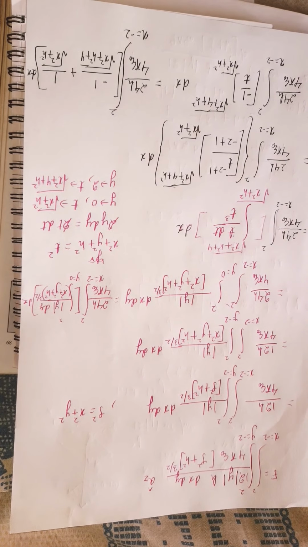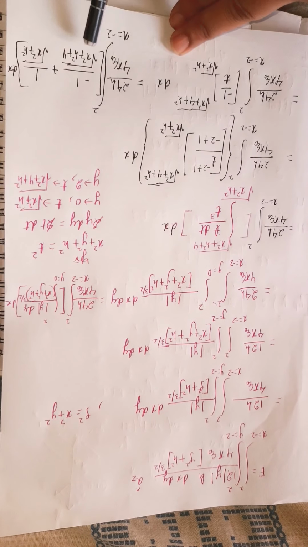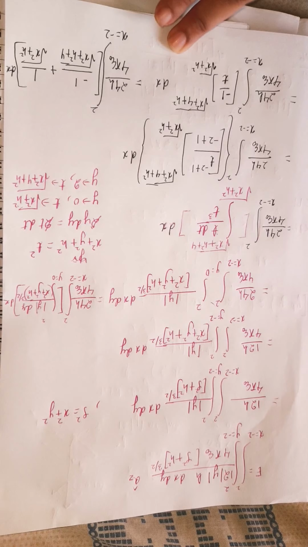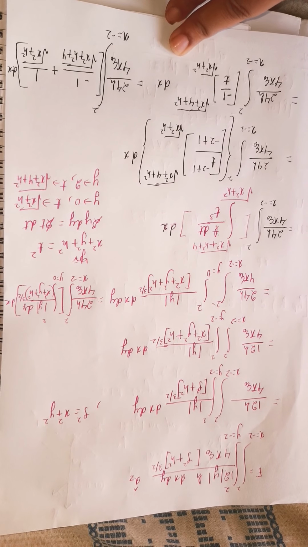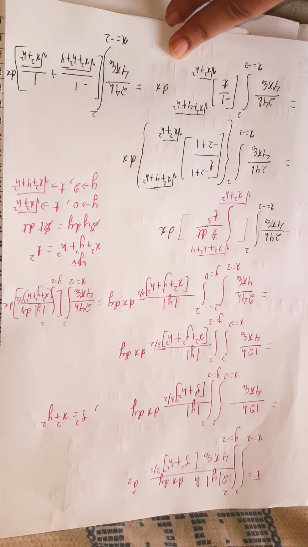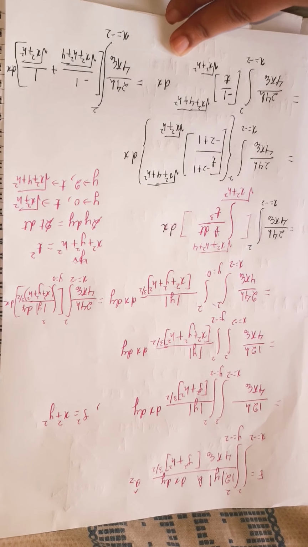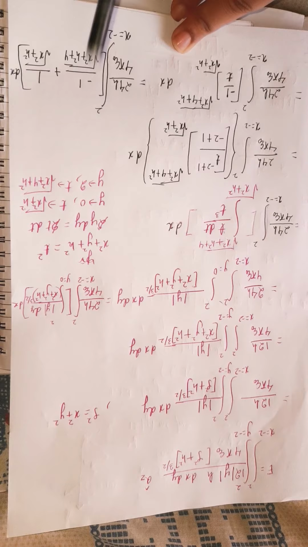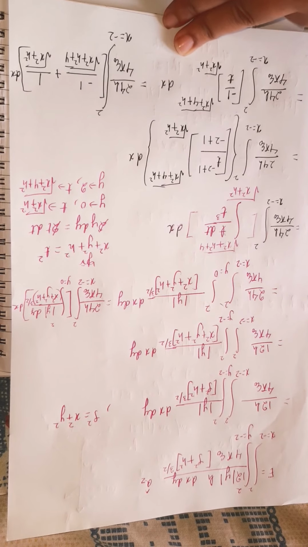Now we reached this stage. Now you can see x is also an even function, because any negative value of x or a positive value of x will give the same thing. Like minus 1 you put, you'll get the same thing as plus 1. So it's even. So again I can integrate it from 0 to 2, multiply it with 2.